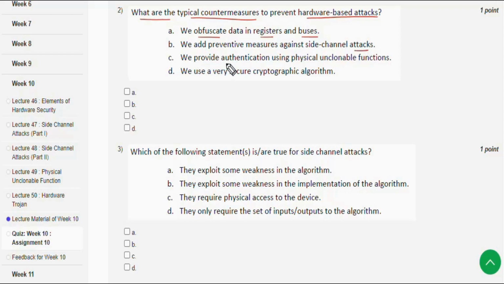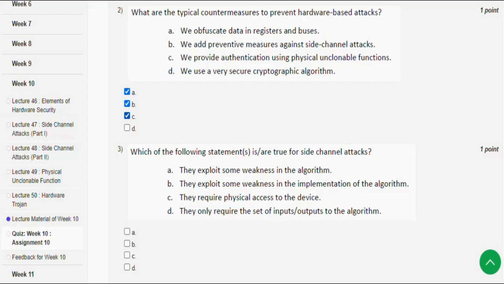C. We provide authentication using physical unclonable functions, and we use a very secure cryptographic algorithm. Here option A, B and C will be the answer. So I select option A, B, C.